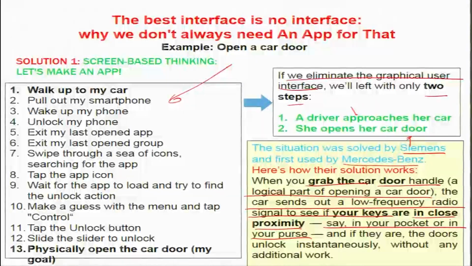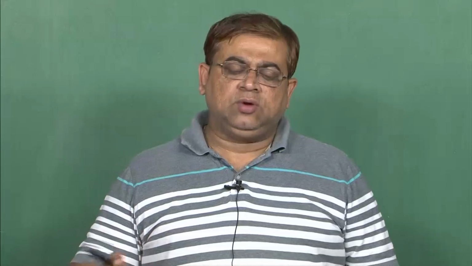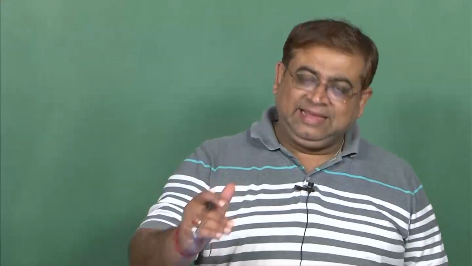So this is building from a web of different applications and accessing the right area to open up the car door through the mobile phone, to a very simple situation where the car makes a signal to gauge whether the key, which has a small controller, is with the owner, and if the frequency matches, the door automatically opens. So this is how intelligent thinking has to be embedded within the design process.